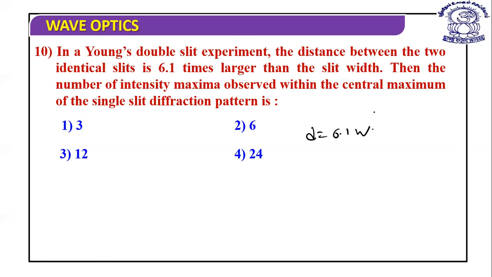Then the number of intensity maxima observed within the central maximum of single slit diffraction pattern is. Here, the number of maxima present will be 12.